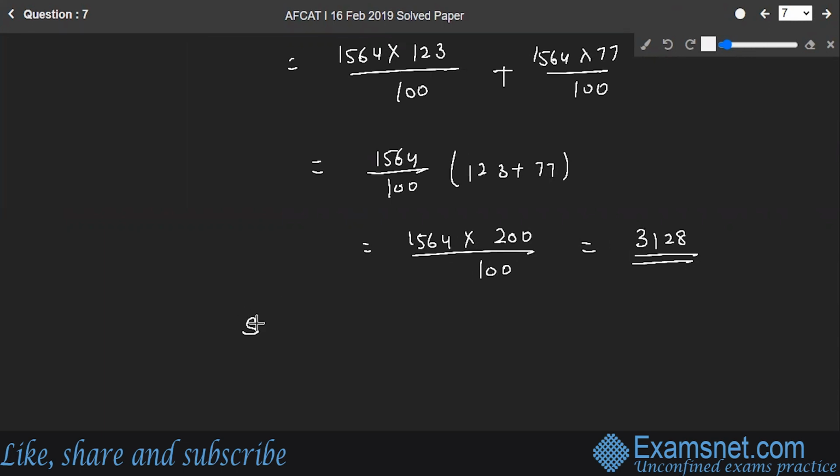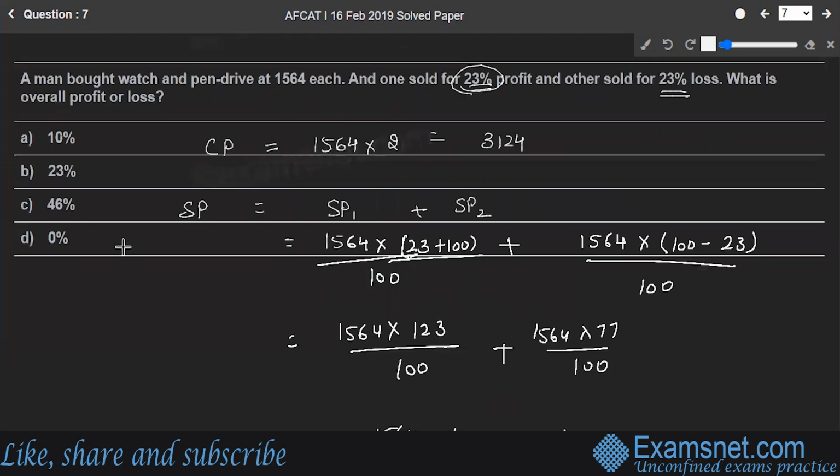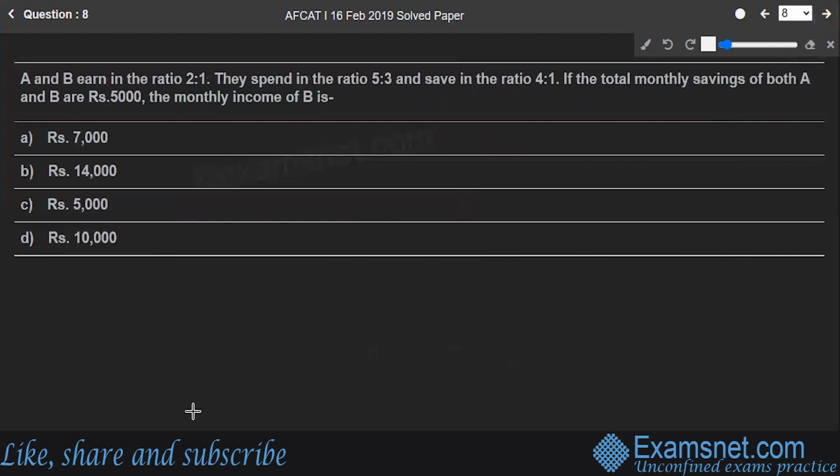So simple, you got the selling price of both the watch and pen drive, equal to the cost price of watch plus pen drive. So you have a no profit, no loss situation. So the answer is option D, 0. Hope you're clear.